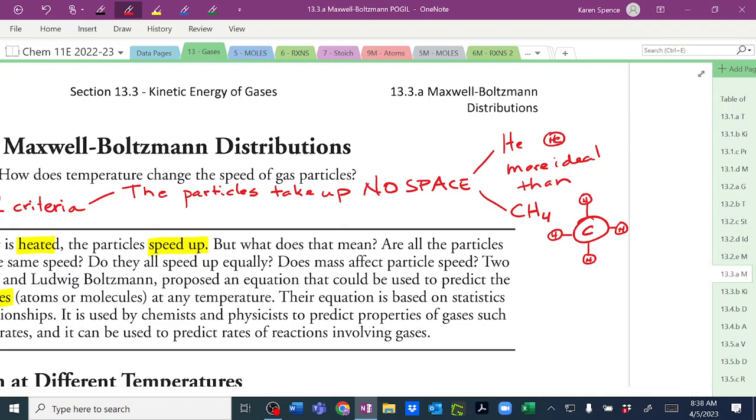The second criteria is that the particles have to feel no attractive forces. There are no attractive forces between the particles.